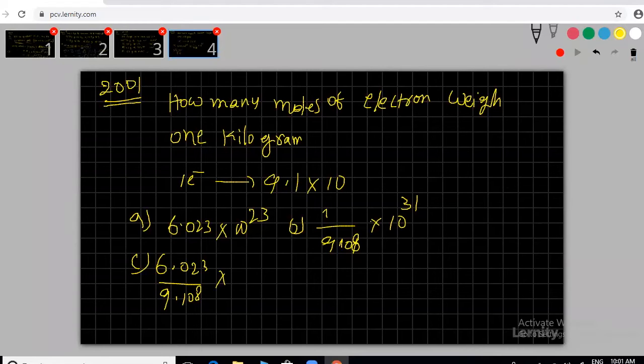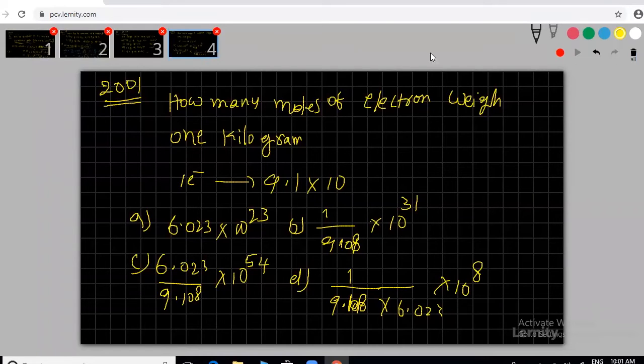Option D, 1 by 9.108 into 6.023 into 10 power 8. Which option are you expecting as the answer?